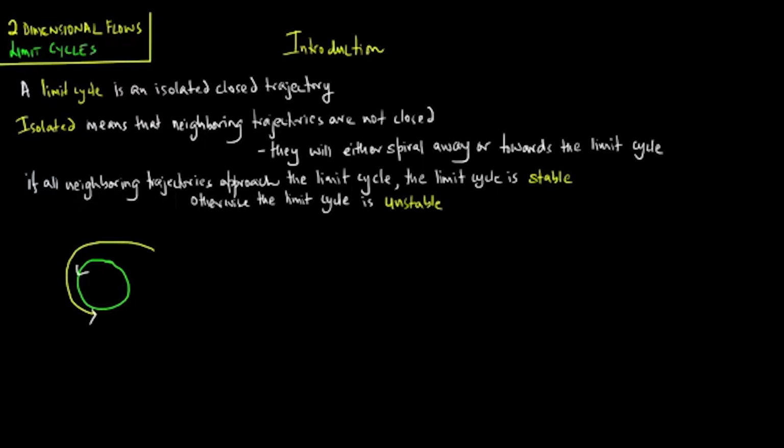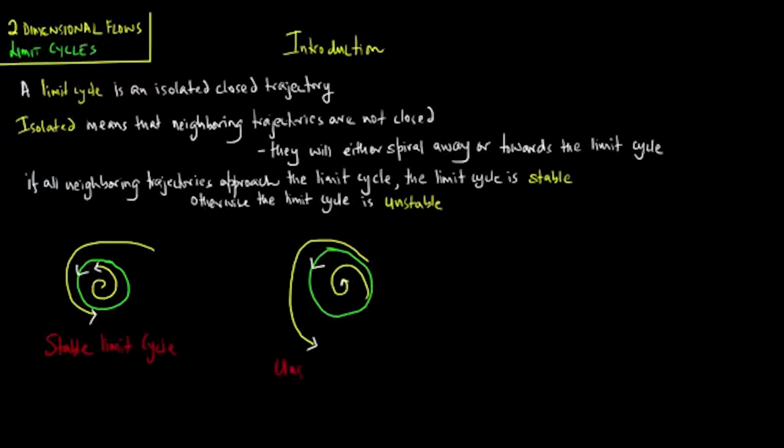Here nearby trajectories are approaching the limit cycle, and so we have a stable limit cycle. In this case, neighboring trajectories are moving away from the limit cycle, and so we have an unstable limit cycle.